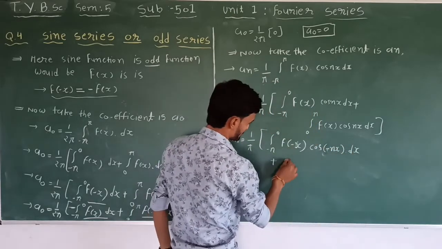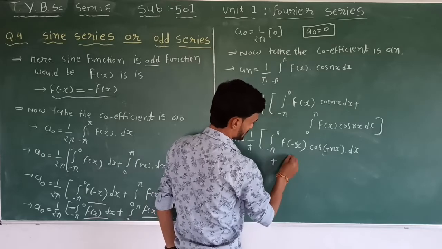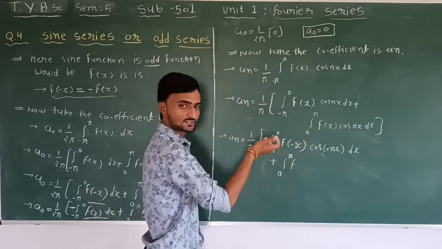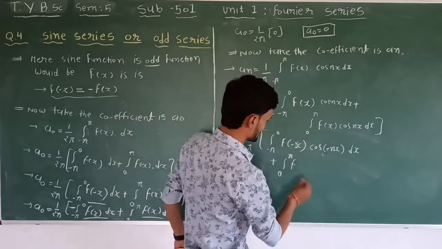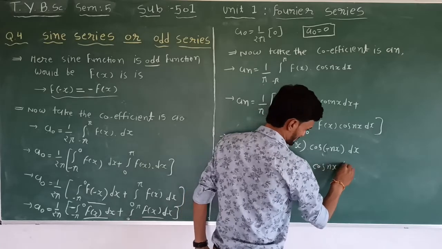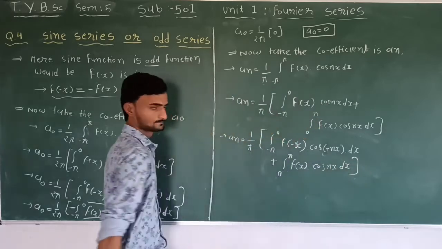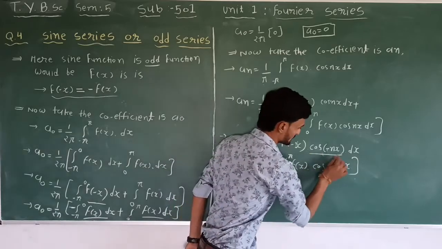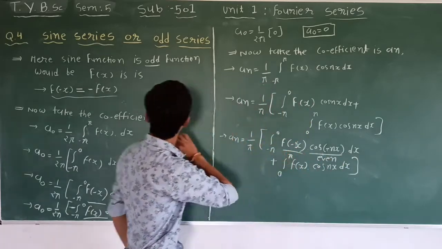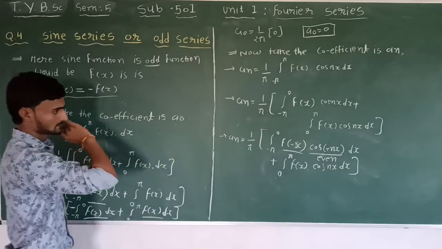For the second part, from 0 to pi, f of x is positive and cos is positive, so f of x into cos nx dx. Now, cos function is always an even function and f of x is an odd function.